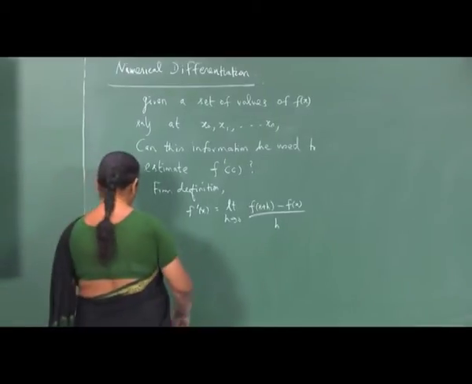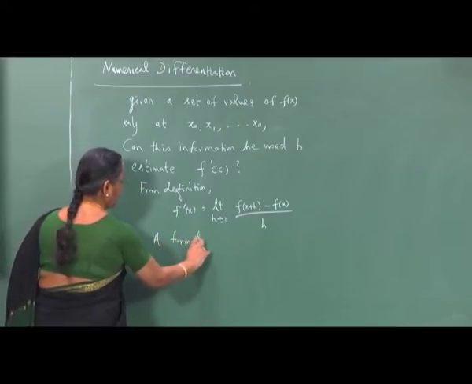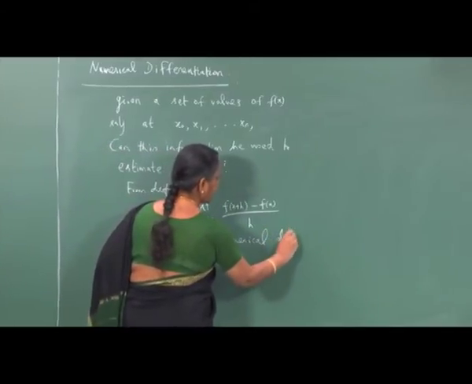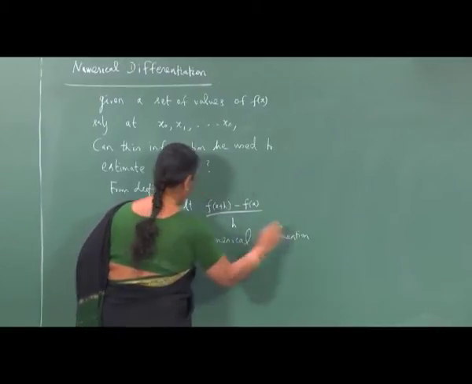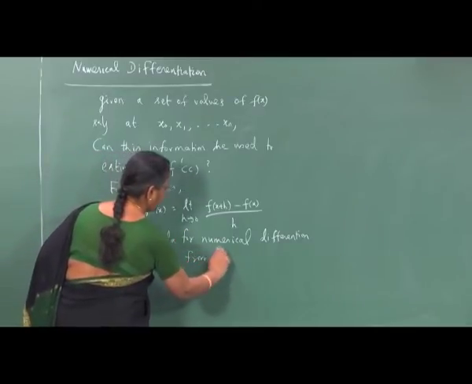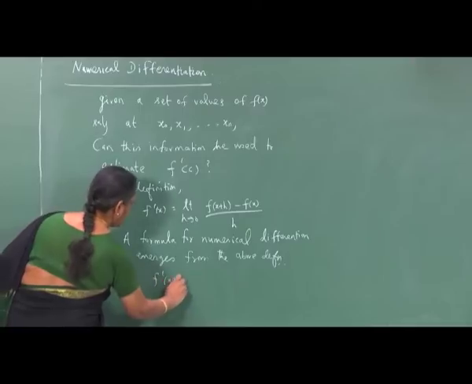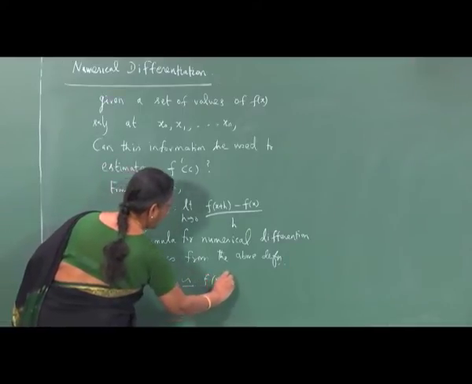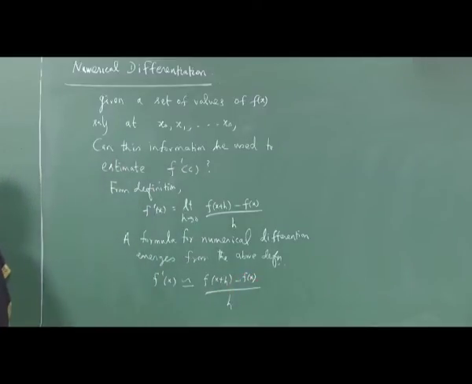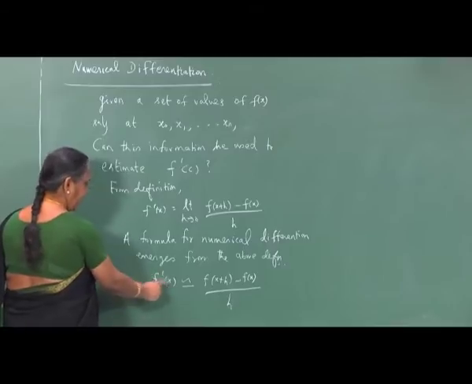So, this definition is such that a formula for numerical differentiation emerges from the above definition, namely f prime x is approximately f at x plus h minus f at x divided by h. So, the right hand side gives you an estimate of the derivative at the point x.